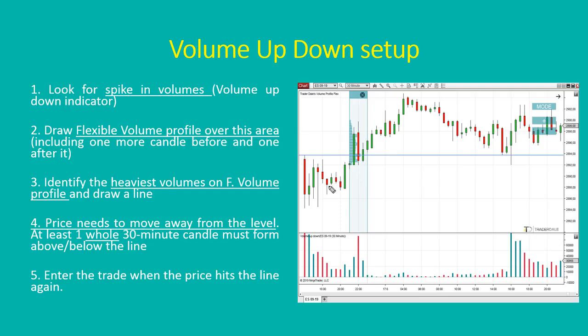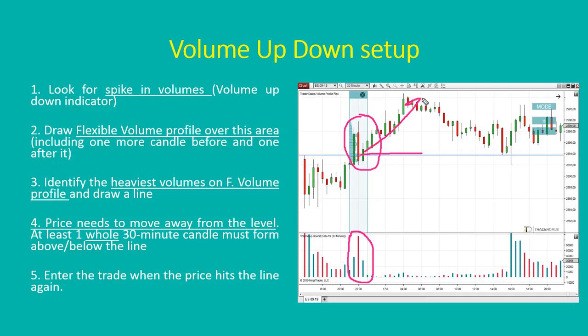The logic behind this setup is basically, you see that something unusual is happening. Big players are entering the market. You see it on the volume up-down indicator. Then you go into the flexible indicator, and you identify at what price level those big guys were entering the market. So it was this level. Then you wait and you see where those big guys pushed the price.